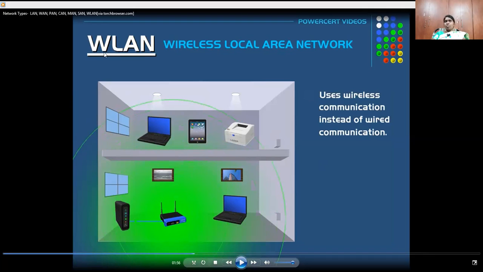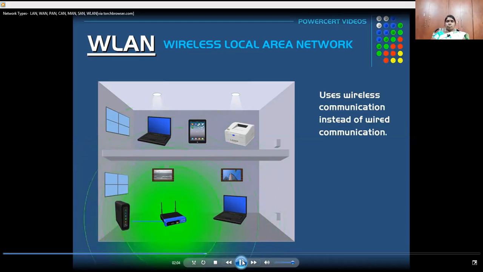Here, this is connected with the help of this. Without these wires, with the help of electromagnetic waves, all these devices are connected without any cable. A wireless LAN is defined as having at least two devices that use wireless communication to form a local area network.